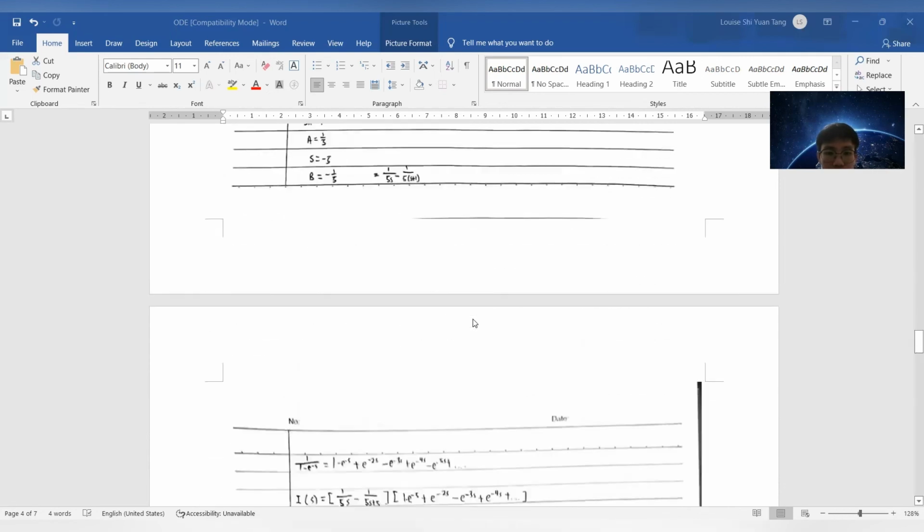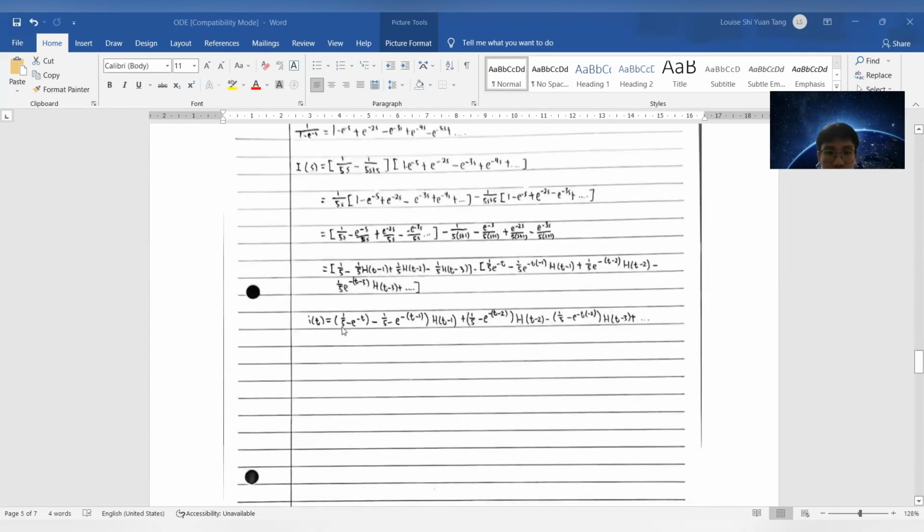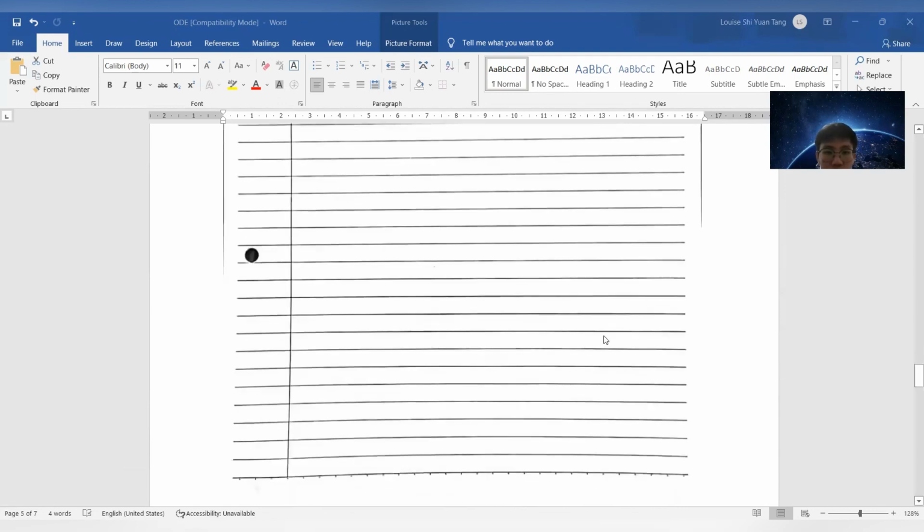And then we will get the final answer: i(t) equals 1 over 5 minus e to the power of negative (t minus 1) h(t minus 1), plus 1 over 5 minus e to the power of negative (t minus 2) h(t minus 2), and so on.